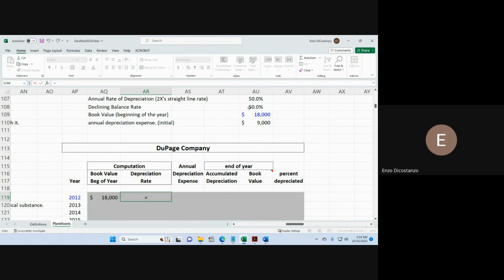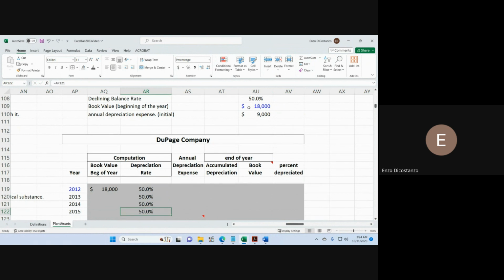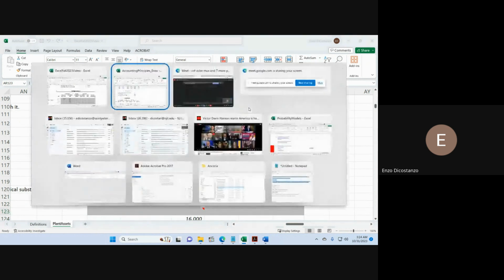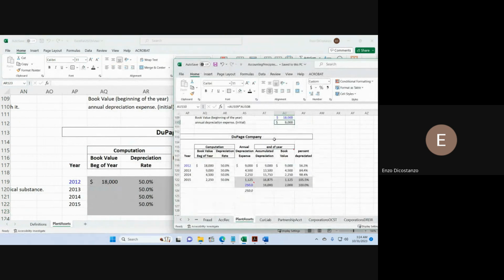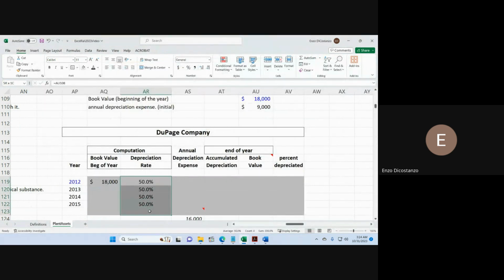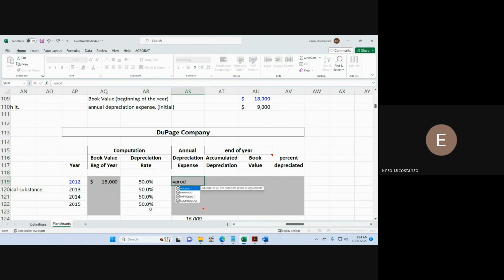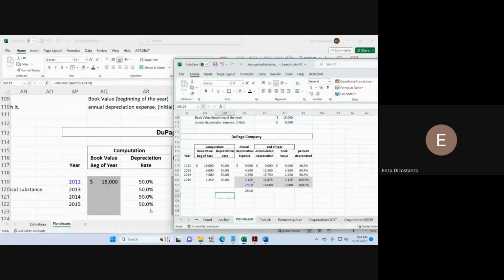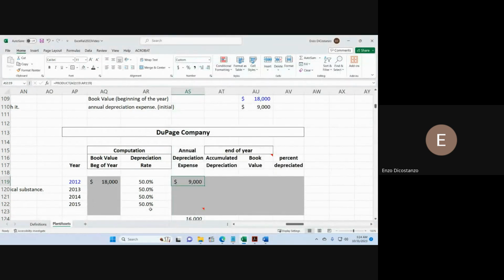The rate is 50% and 50%. All right, here's the expense, which is that 9,000.